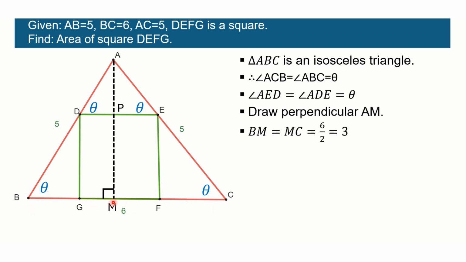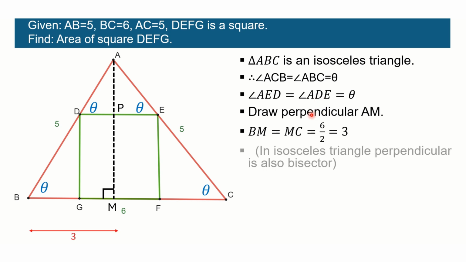So BM is equal to 3 units and MC is equal to 3 units, because the total length is 6 units. In an isosceles triangle, the perpendicular is also a bisector of the angle as well as of this side.